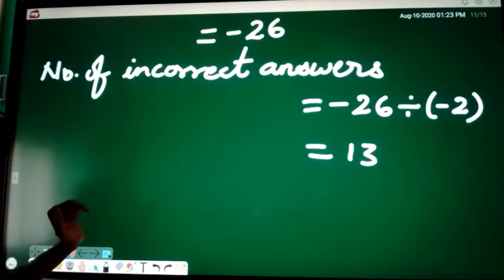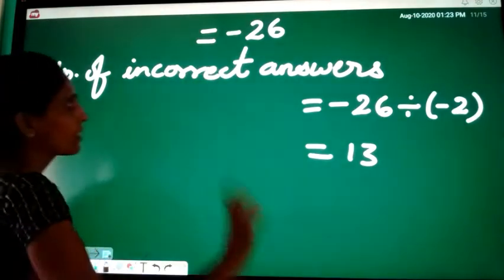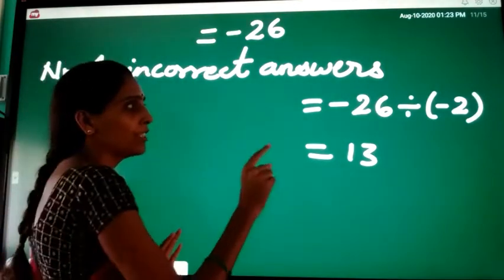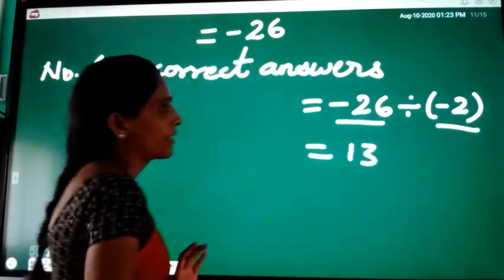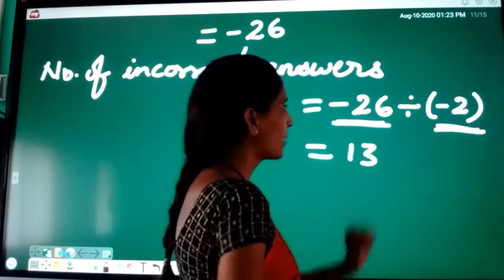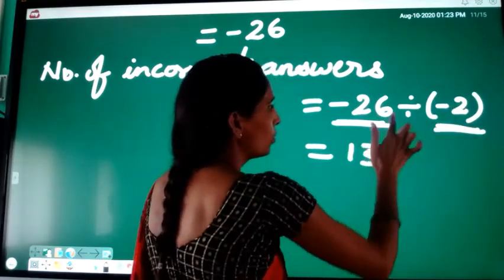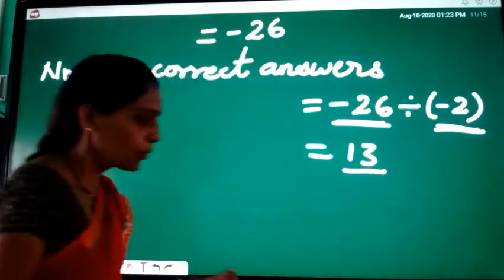Then the answer will be minus 26. Now we have to find the number of incorrect answers. As I taught in the previous question, we divide by minus 2. There is minus 26, so we'll divide it by minus 2. 2 1s are 2, 2 3s are 6. Both integers are negative integers, so the quotient will be a positive integer.